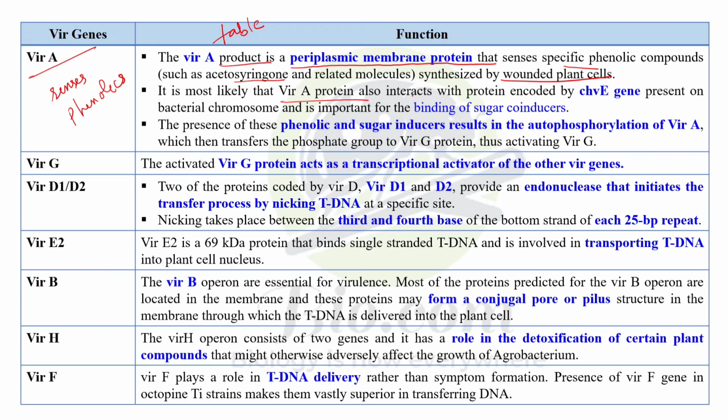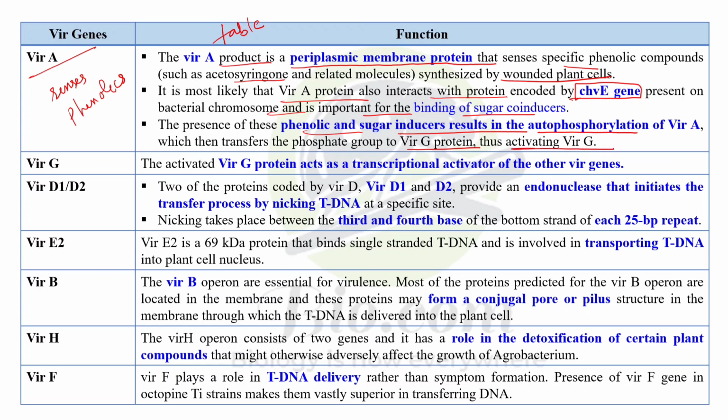And Vir A protein also interacts with protein encoded by the ChvE gene present on the bacterial chromosome, and it is important for binding of sugar co-inducers. The presence of phenolic sugar inducers results in the autophosphorylation of Vir A, which then transfers the phosphate group to Vir G protein, thus activating Vir G gene.